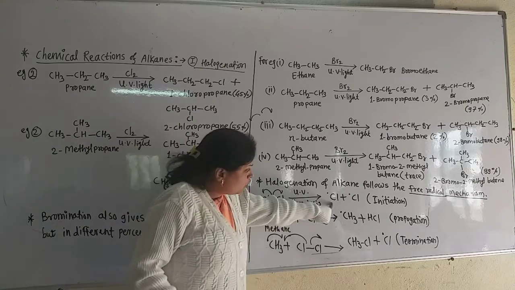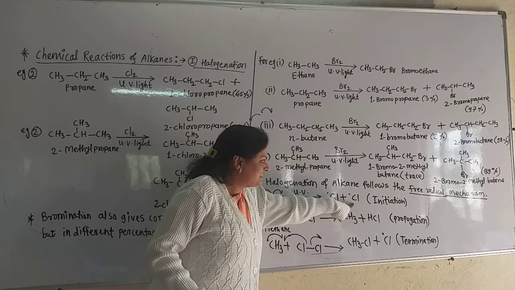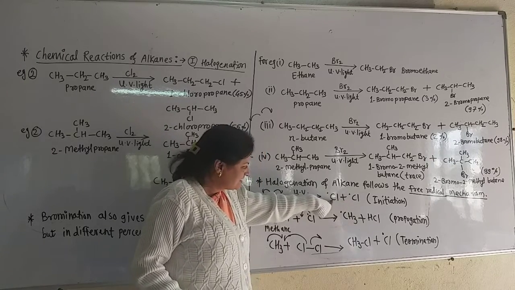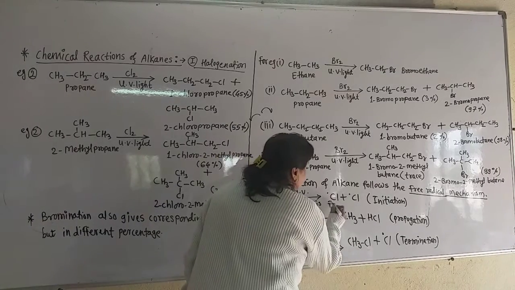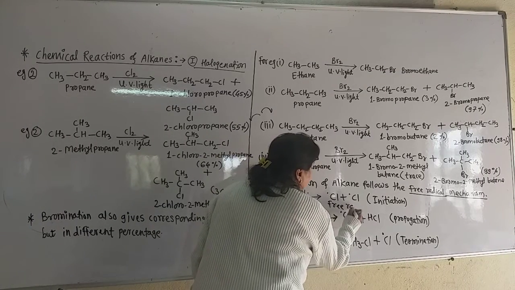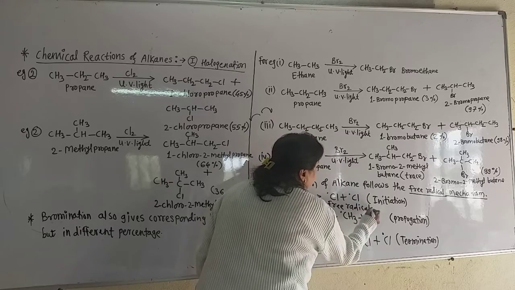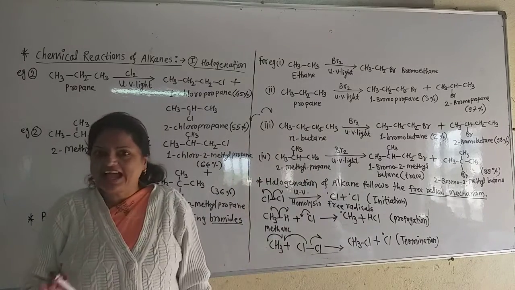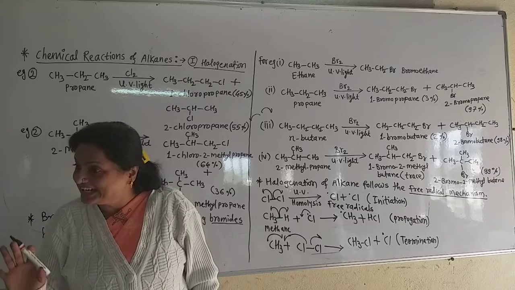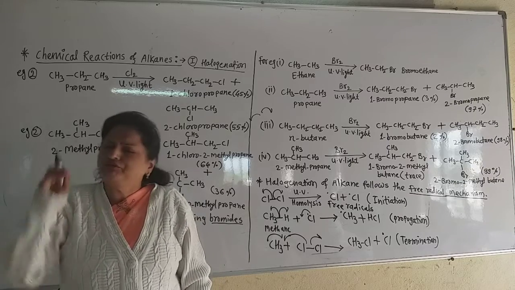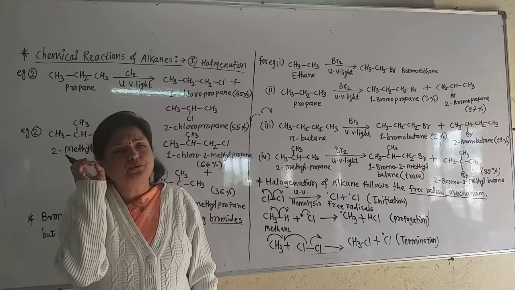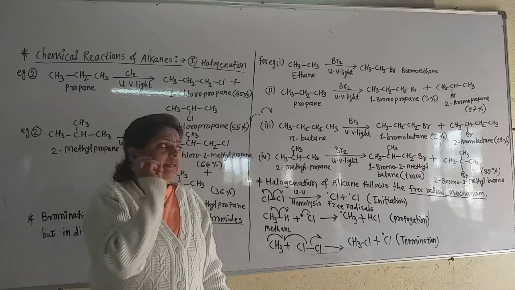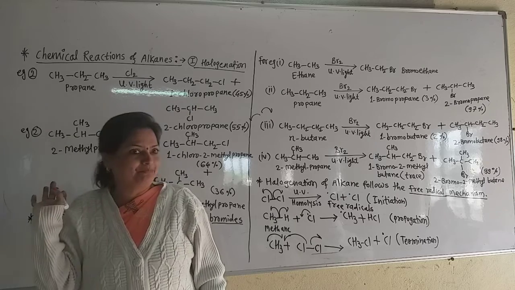Now these two species are formed: Cl dot, that means a single electron, and Cl dot. They are called free radicals. They are not atoms or ions, but radicals. They are very, very reactive, but they have a very short life.